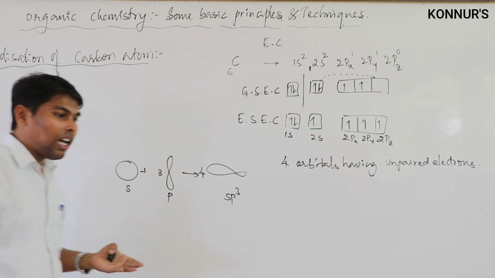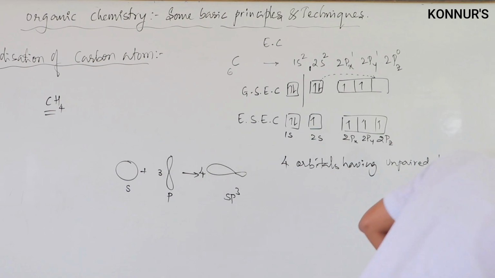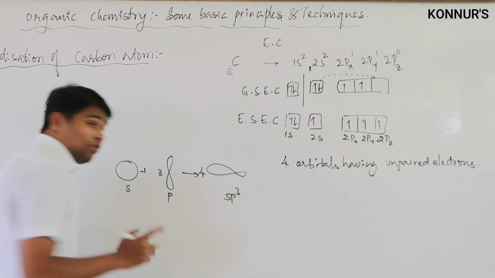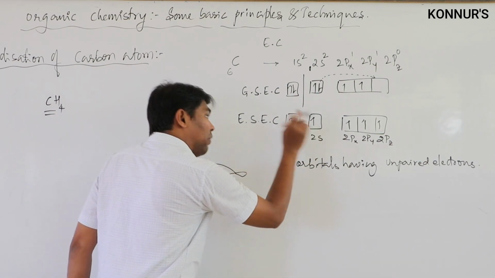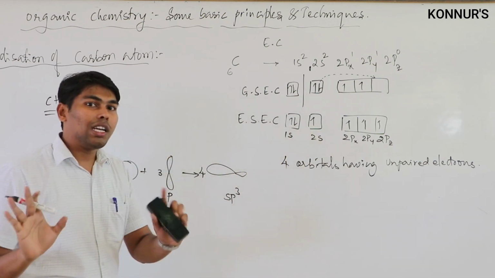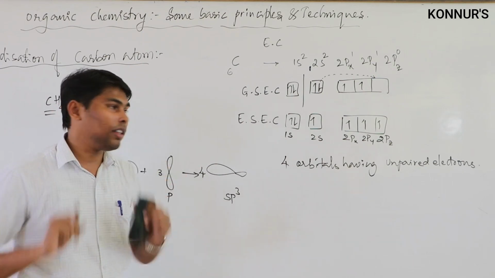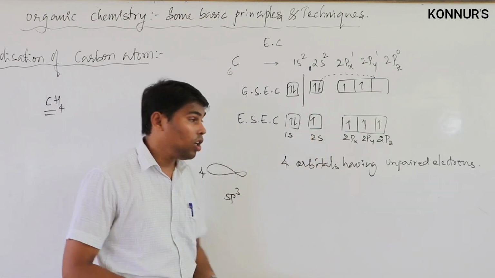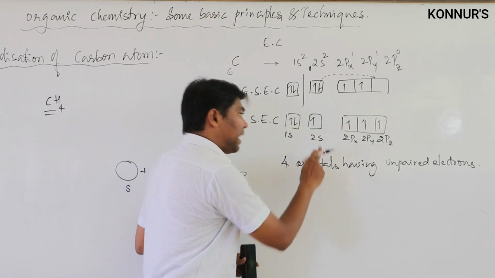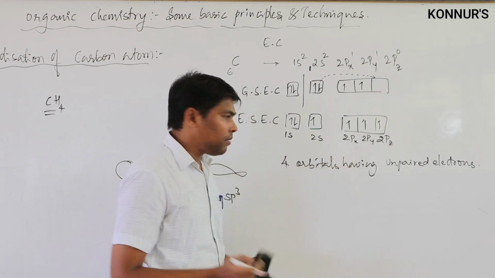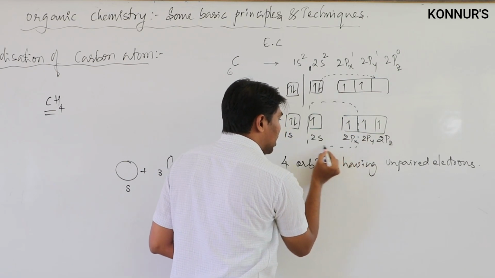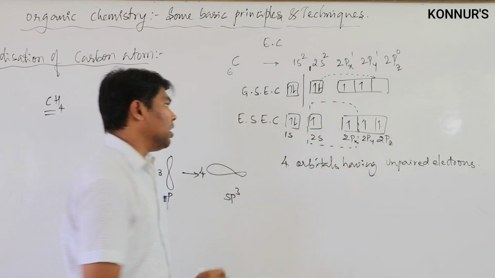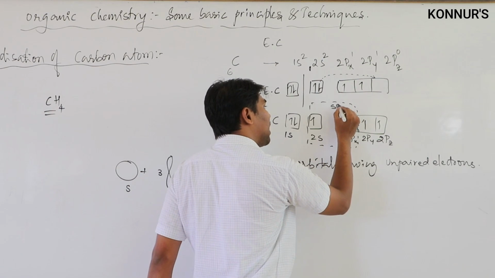So like that, there are almost 3 types of hybridization. If only one s is there, it should not be called hybridization, because intermixing is not possible for only one orbital. In order to intermix, we should have at least 2 orbitals. If one s and one p are intermixed, there is a formation of sp hybridization.